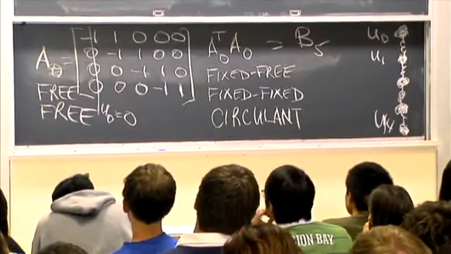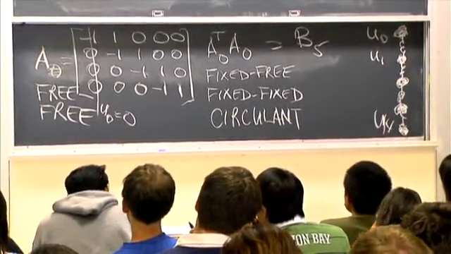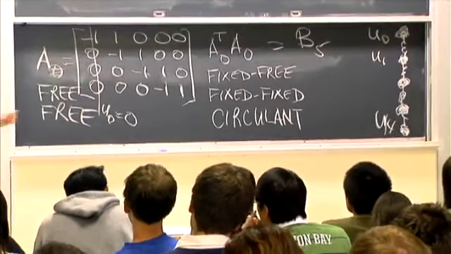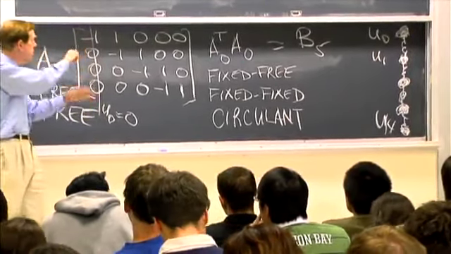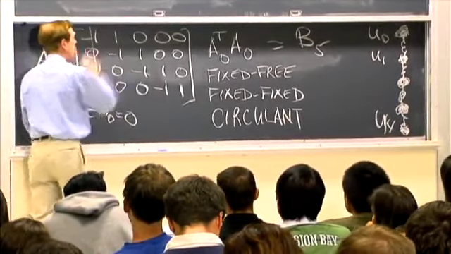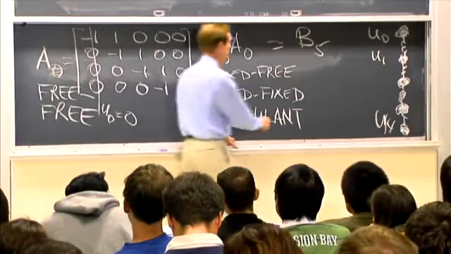Now if I do A transpose A, which of our special matrices am I going to get? T. It'll be the one that has the first entry only a 1. So that'll be the fixed free matrix.